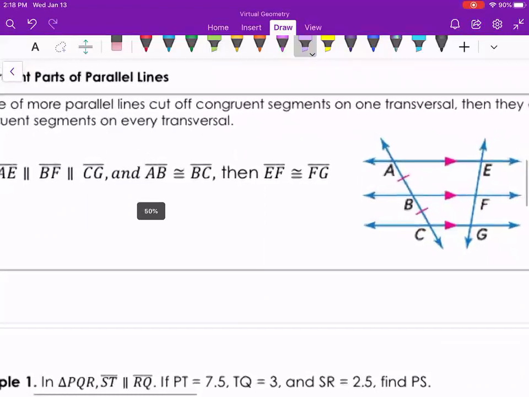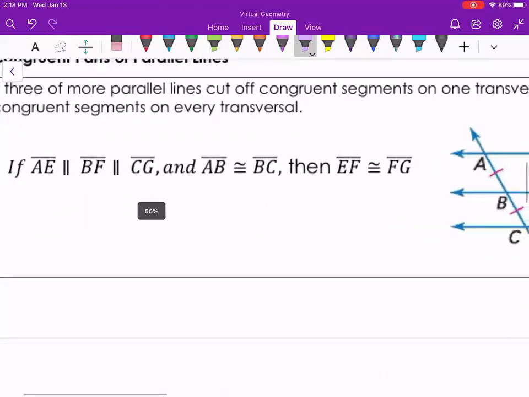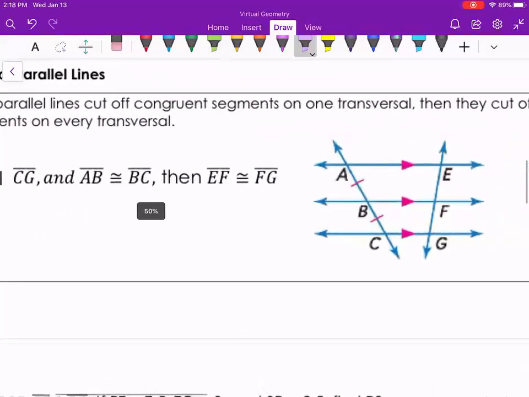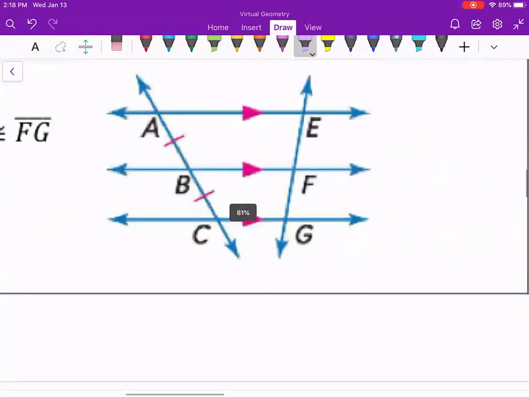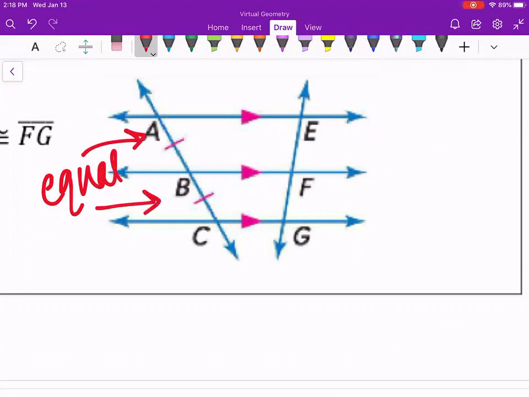Now, the other thing that we get with our proportional parts of parallel lines is when those parallel lines are cutting congruent pieces. Okay, so same kind of situation. Those three parallel lines are making proportional parts, but because those parallel lines are equally spaced apart, that means these two pieces are equal automatically.